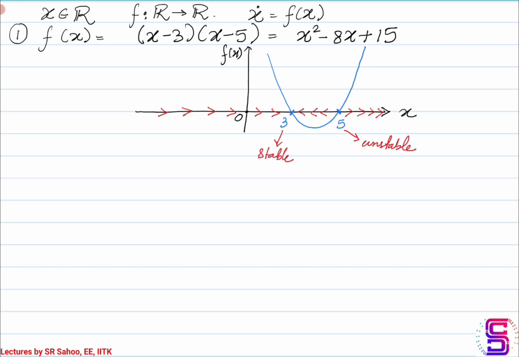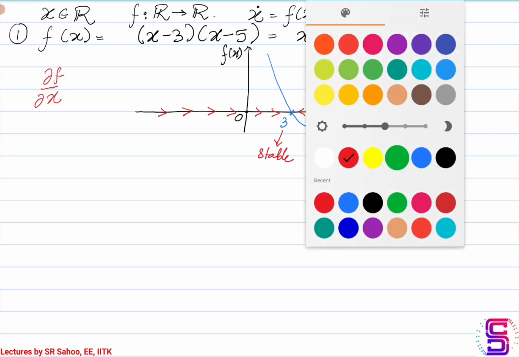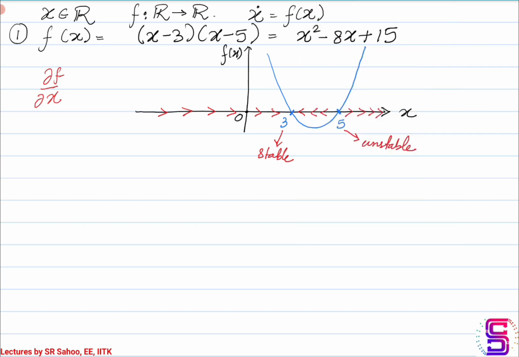Right. Now, what is the slope that you have for the curve f(x) with respect to x at the point x equal to 3? So what is del f by del x? I am basically looking towards the sign of the slope, whether the slope is positive, negative, or 0. So what you see here is that at x equal to 3, you have a negative slope.